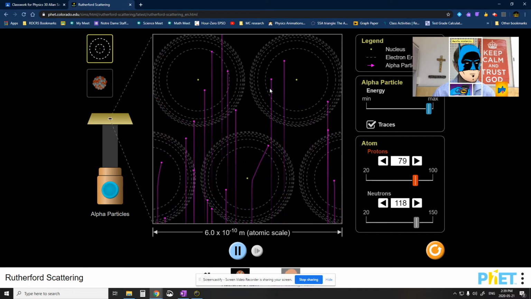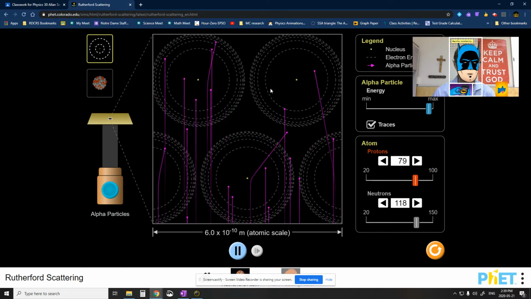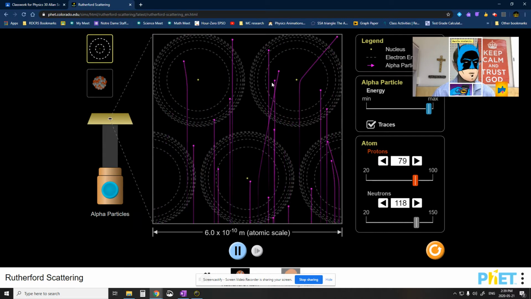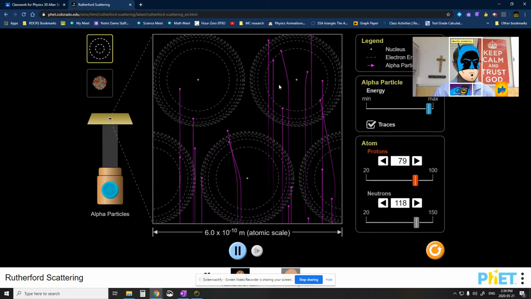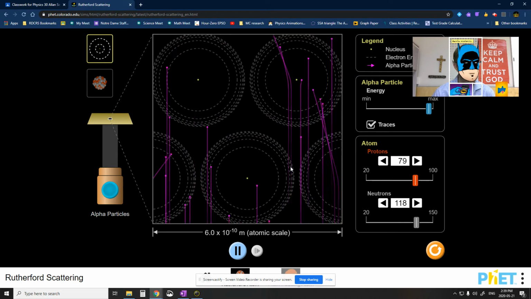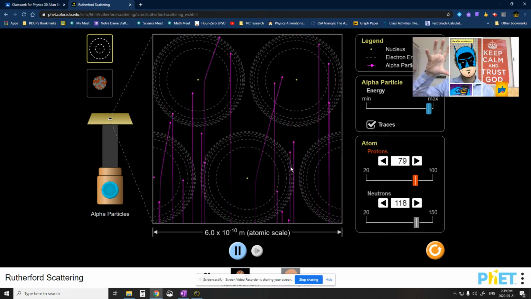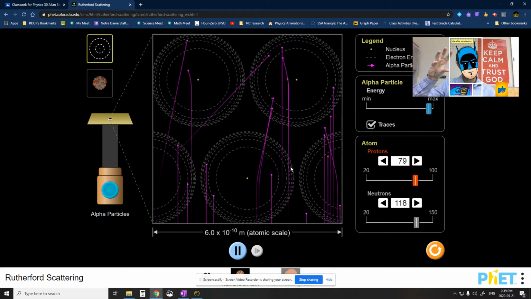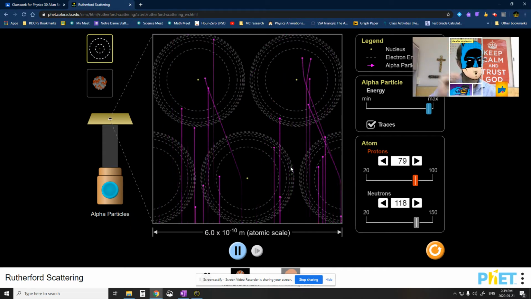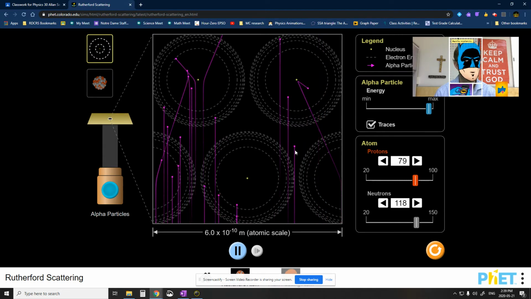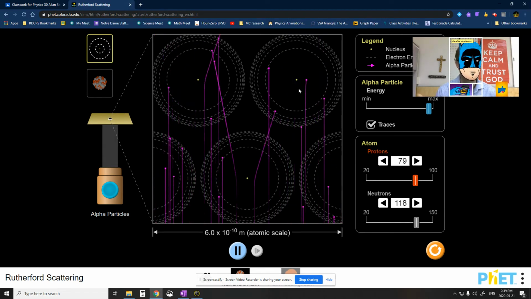So he came to the conclusion that a majority of the space in the atom is empty space, and all of the positiveness is condensed down to this really, really small point. In this case, he called it the nucleus.